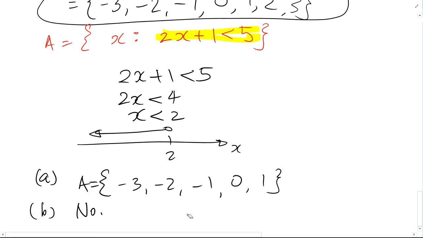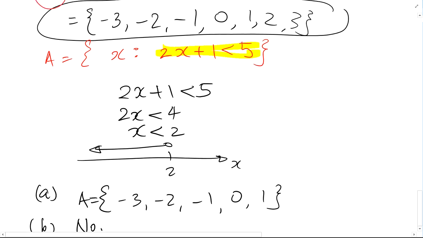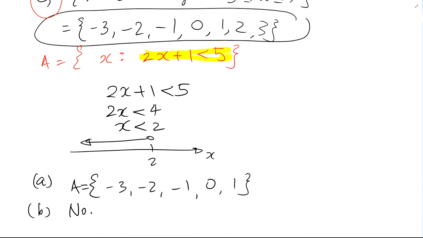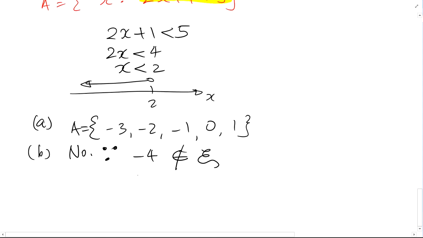I used the wrong reasoning. Okay, no, it is not, because negative 4 is not an element of the universal set. Does this make sense? Negative 4 is not an element of the universal set. So instead of writing so much, I can use these symbols to help me. Alright? Sophia, okay?